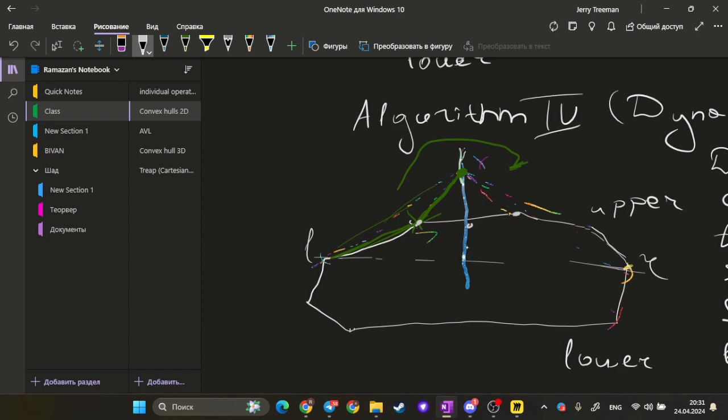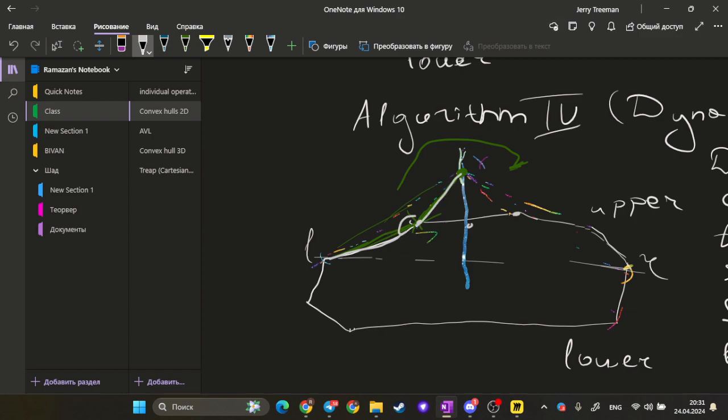Then we provide some lines. We just consider two edges like this.